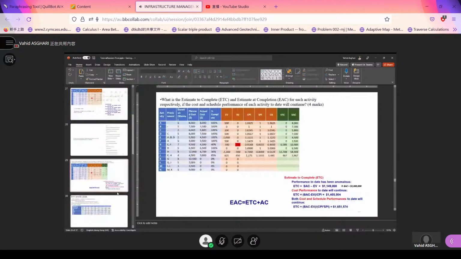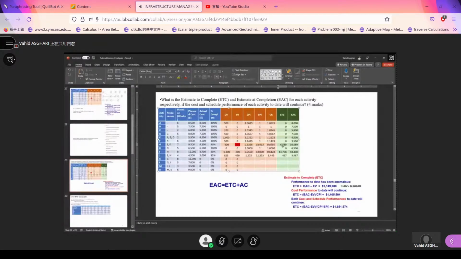Let's see why it is important. Because we want to find the ETC again for activity G. If the performance to date has been anomalous, nothing really important. But if the cost performance to date will continue, we need to divide it by the CPI.